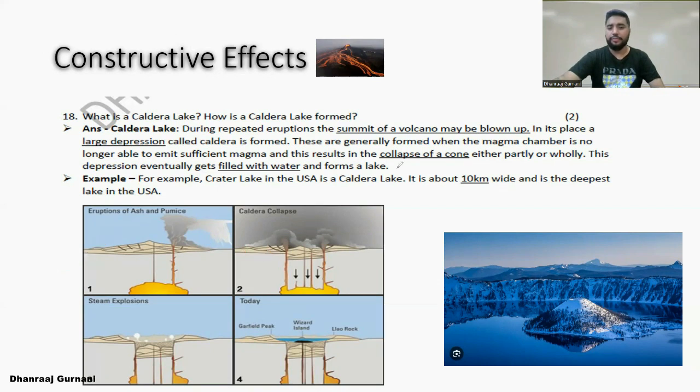They are generally formed when the magma chamber is no longer able to emit sufficient magma, and this results in the collapse of the cone either partially or wholly. When the chamber cannot emit more magma, it results in the collapse of the cone, and this is called the caldera.